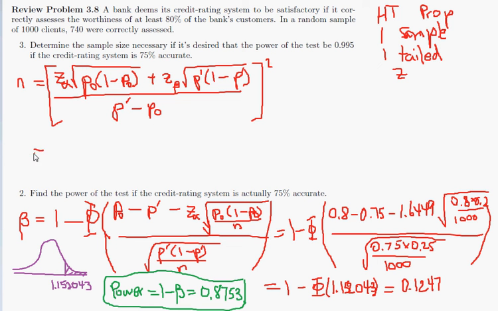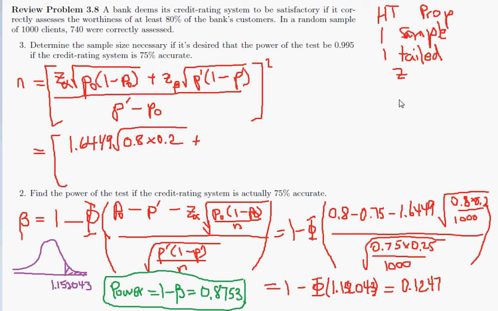Okay, so in our case, this is equal to 1.6449 times the square root of 0.8 times 0.2 plus z beta. Okay, so let's pause for that.